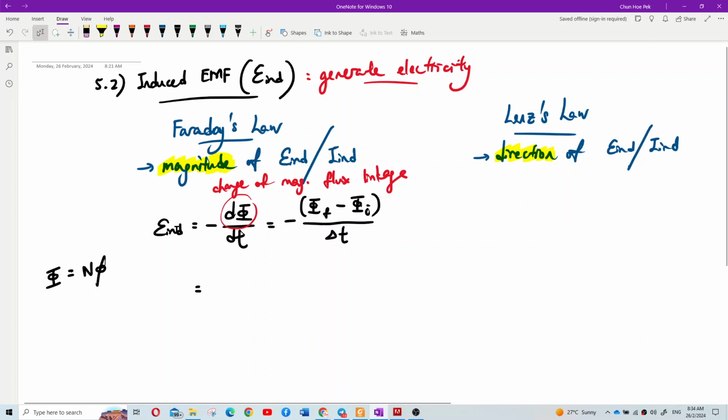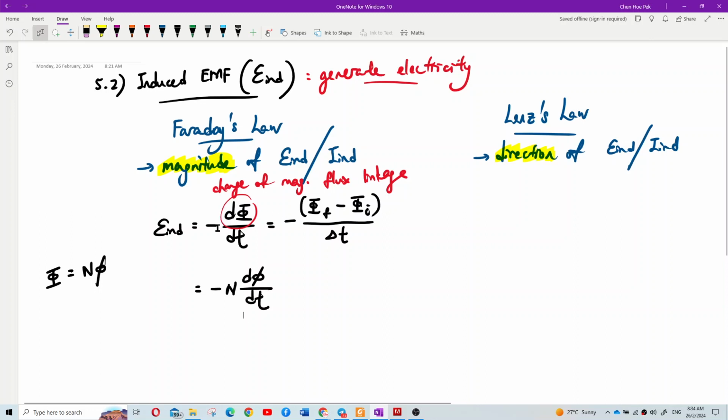So we can rewrite the formula as negative N dφ over dt, with small letter φ. We can write it this way also. Understand, class? So we can use this.